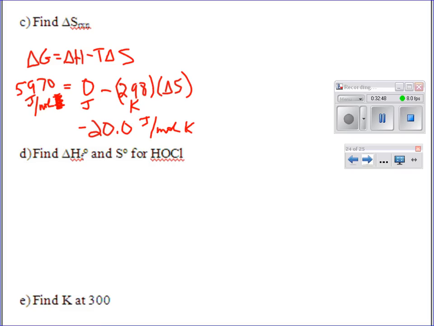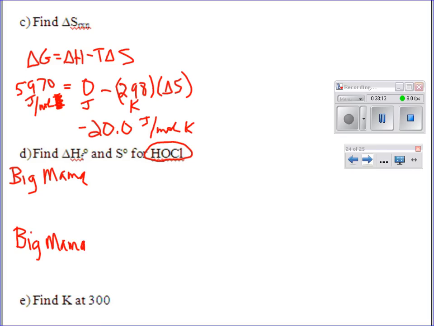All right. Now, last thing is find the delta H of formation and the S for little bitty HOCl all by itself. What are we going to do? Big Mama twice. And I'm going to, again, split you up. You have enough information now.